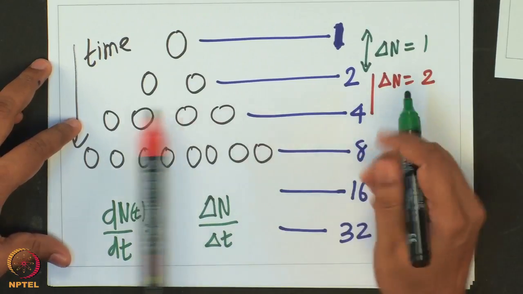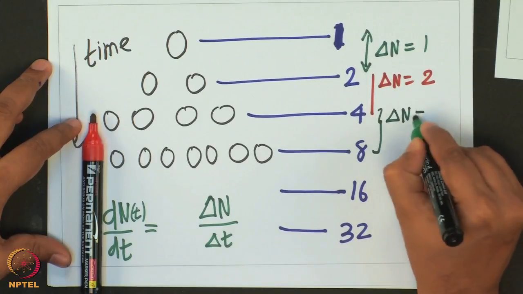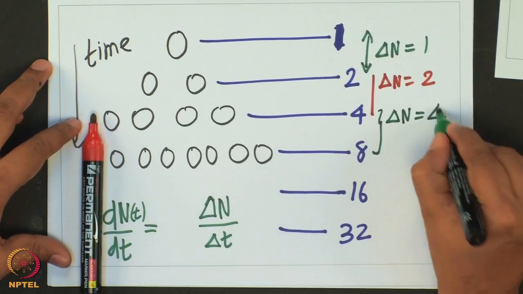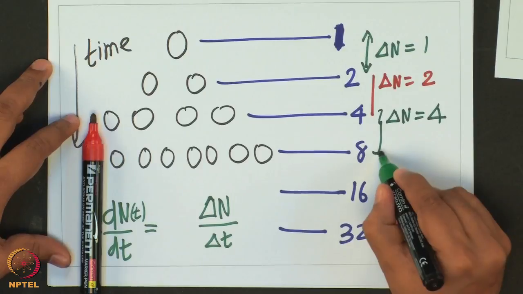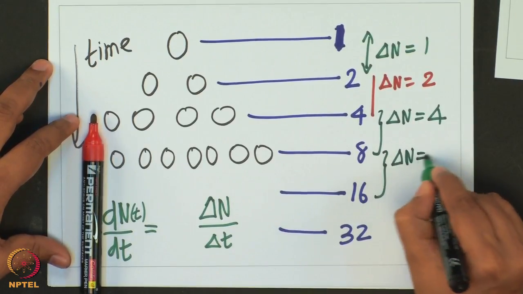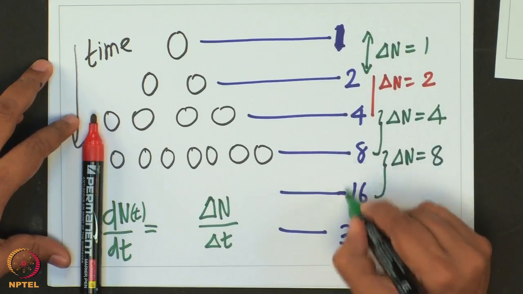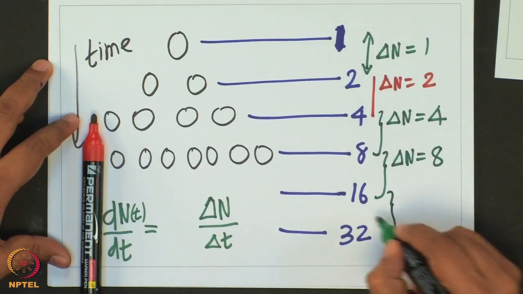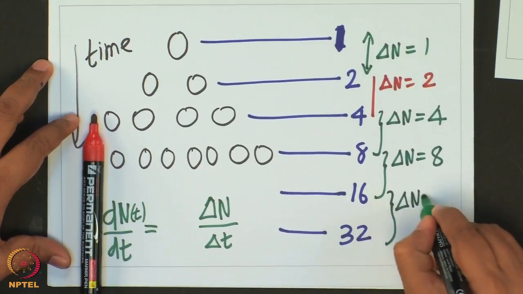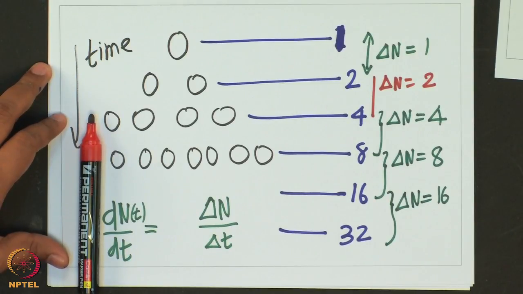Here 4 became 8, so delta n is 4. Here 8 became 16, so 16 minus 8, delta n is 8. What is delta n here? Delta n is 60. So what are we seeing?